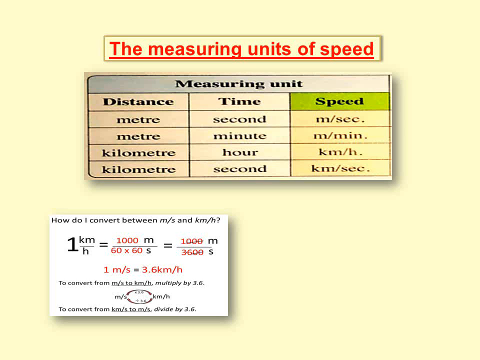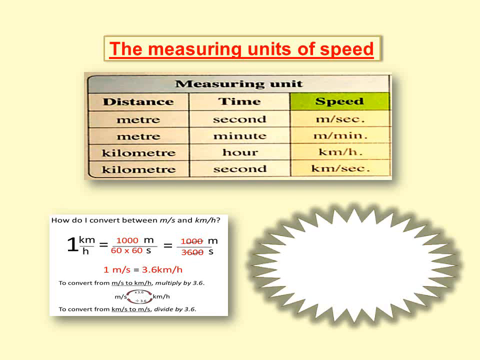So to convert from meter per second to kilometer per hour, multiply by 3.6, or multiply by 1000 divided by 60 times 60. The same answer. So to convert from kilometer per hour, the biggest one, to the smallest one, divide by 3.6. And vice versa.